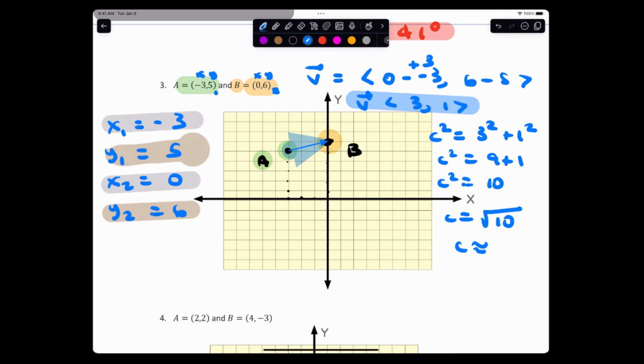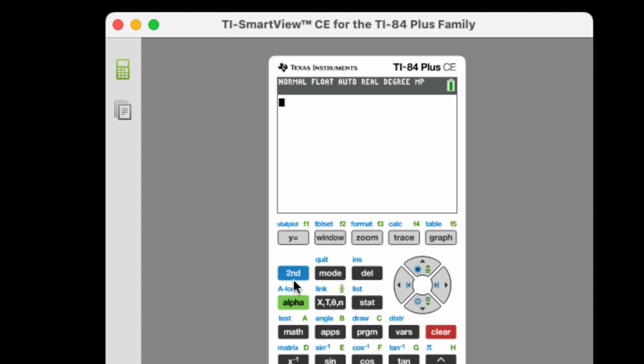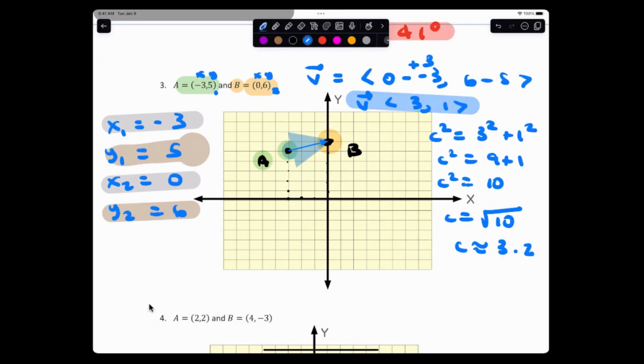C is the square root of 10. Okay, this is about 3 point what? Is that 3.2? Right, to the nearest tenths position?